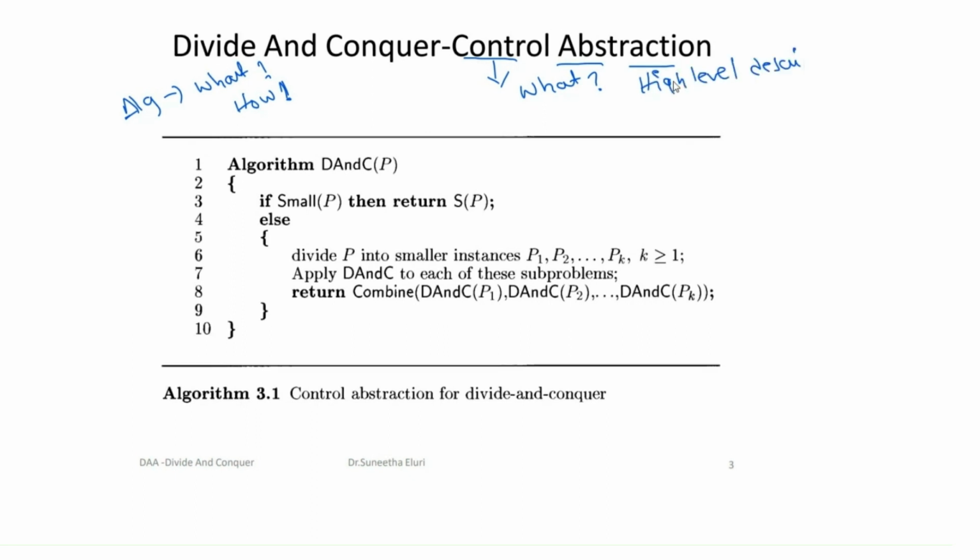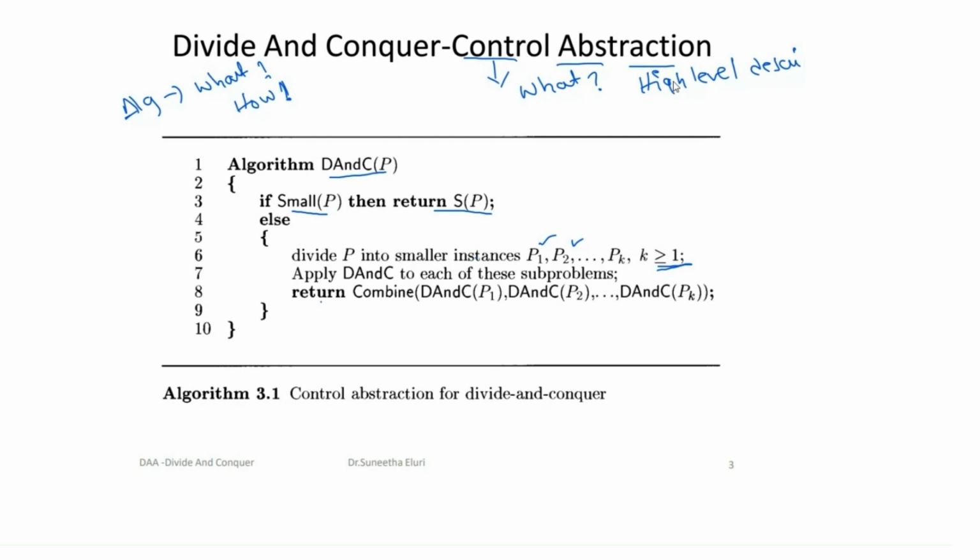So let us start. Algorithm divide and conquer of problem P: check whether the problem P is small or not. If it is small and easy to handle, trivial in nature, then return the solution of P. Else, divide P into smaller instances P1, P2 and so on up to Pk. Always the number of subproblems k is greater than or equal to 1, because if it is only one subproblem, then there is no question of division. Then apply divide and conquer to each of these subproblems.